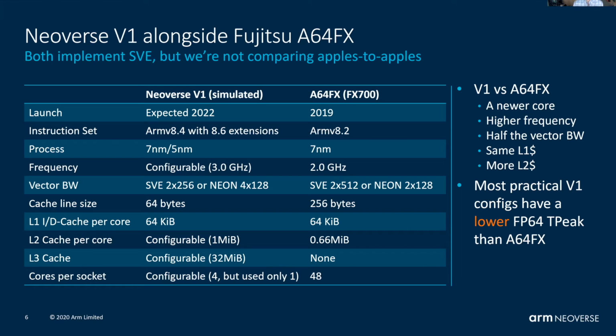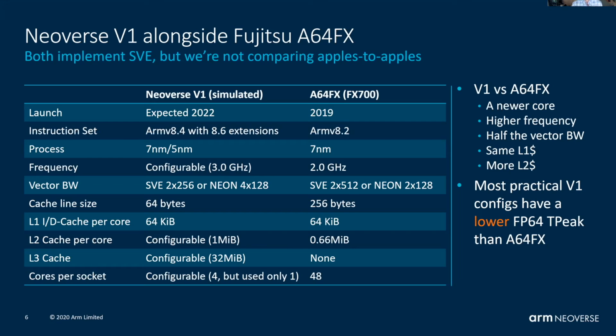What that means is that when ARM designed this CPU, we validated it for certain configurable parameters. Things like core frequency can be selected from a range of options, and ARM knows how the chip will perform for those options. In this simulation, I'm simulating a 3 gigahertz configuration. However, in the wild, you might see different configurations.